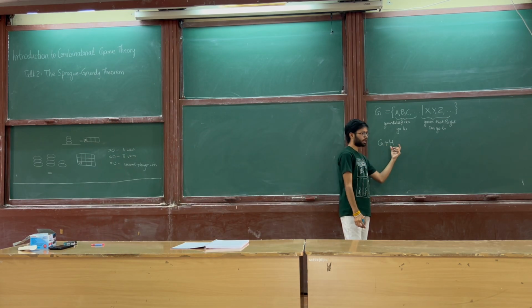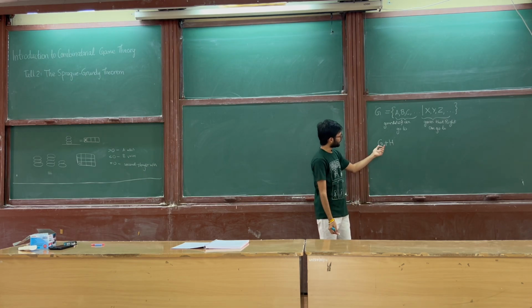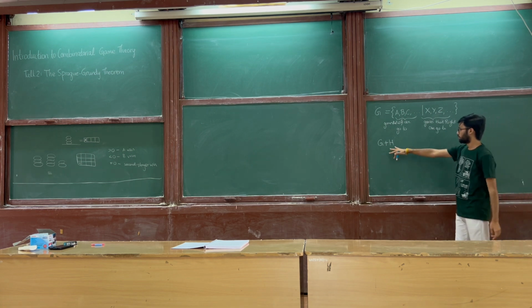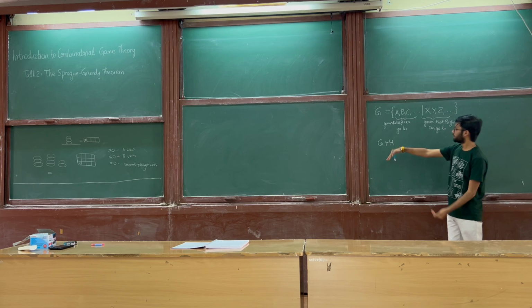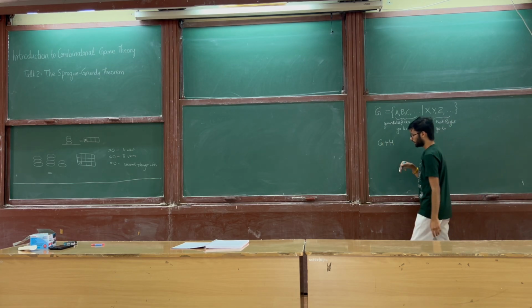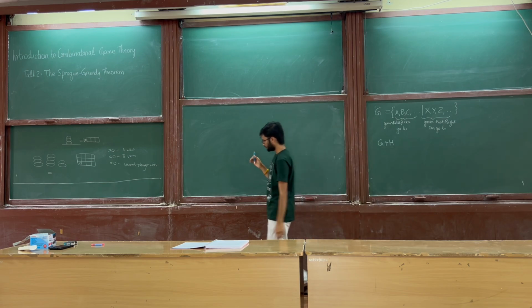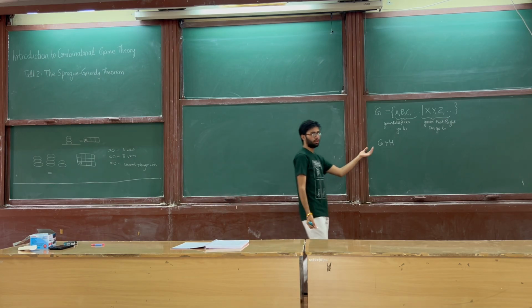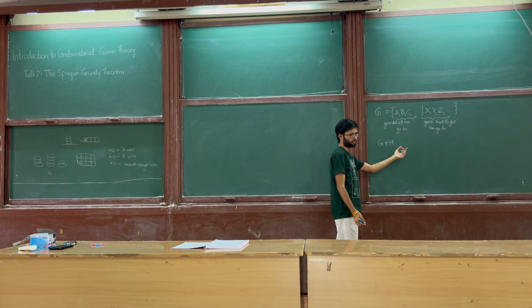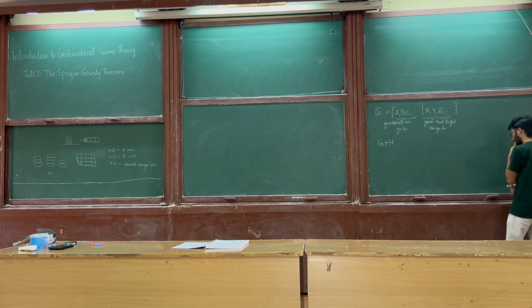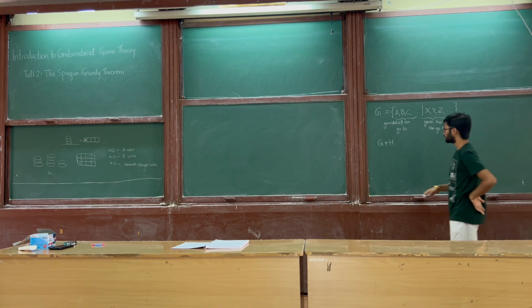Given a game G and a game H, for the last time I'm saying this, a game G is a position in a certain rule set, and H is again a position in not necessarily the same but some other rule set. And how does this game work? A move for a player is to move in either of the components, either G or H, and then again normal play is followed, which means whoever cannot make a move loses.